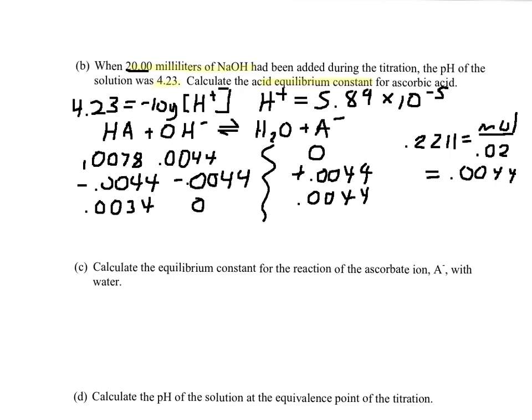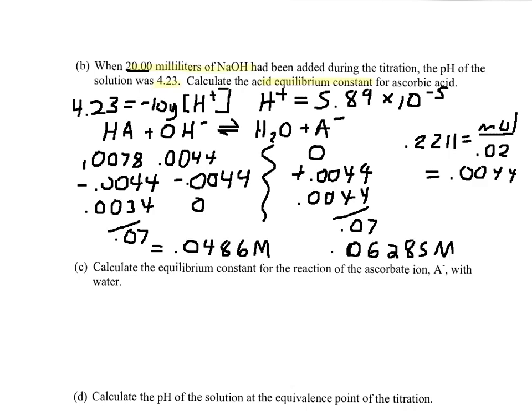So before we can plug them into anything, we've got to turn these into molarity, into concentrations. So we had 50 milliliters of the acid solution. We just added 20 milliliters of NaOH, so that means we have 70 milliliters altogether. So I'm going to divide both of these by 70 milliliters, and I'll get the concentrations of the HA and the A negative.